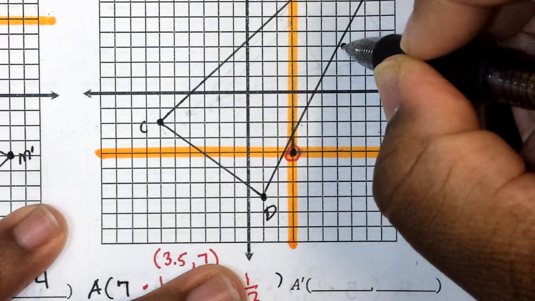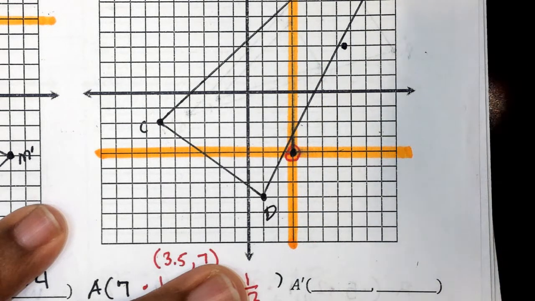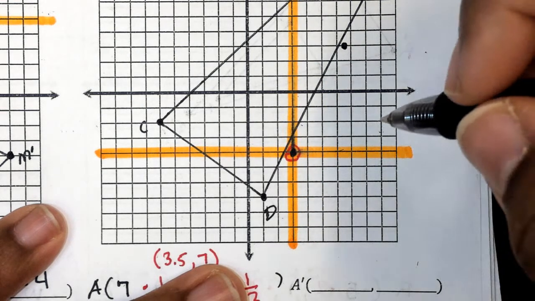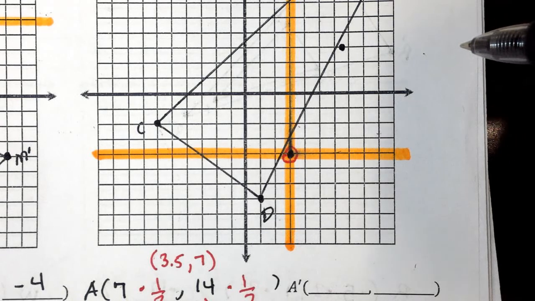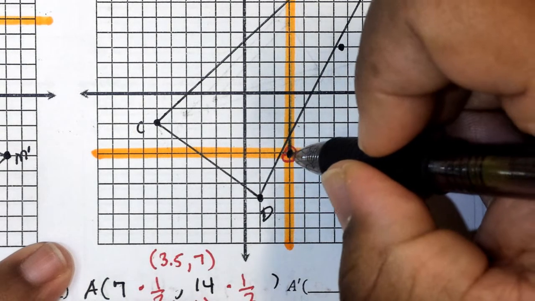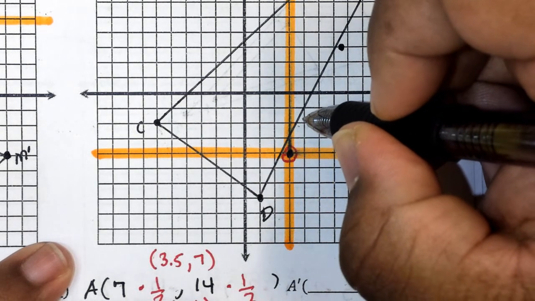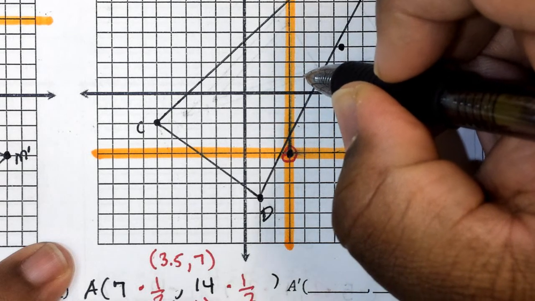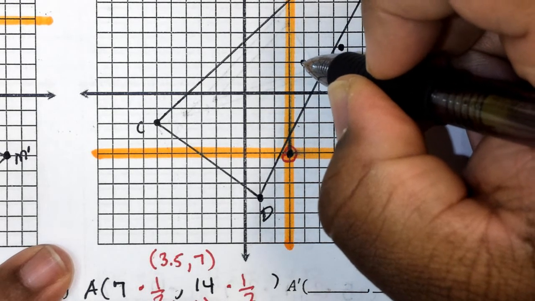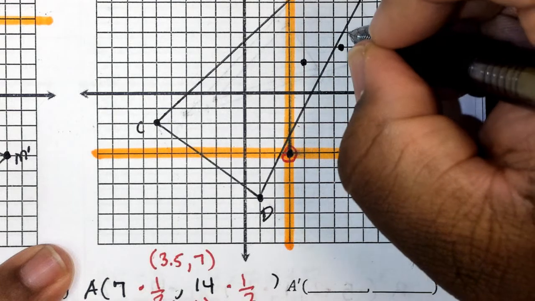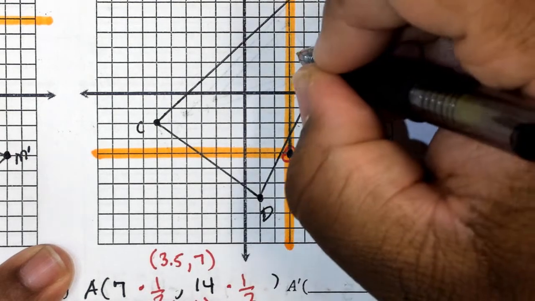You'll land about right here. Next one, 1, 6. Go over 1, go up 1, 2, 3, 4, 5, 6. So it's A prime, B prime.